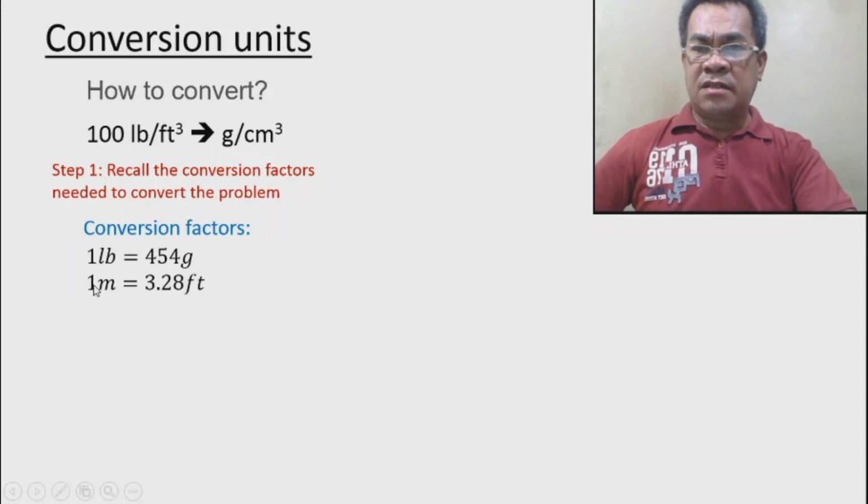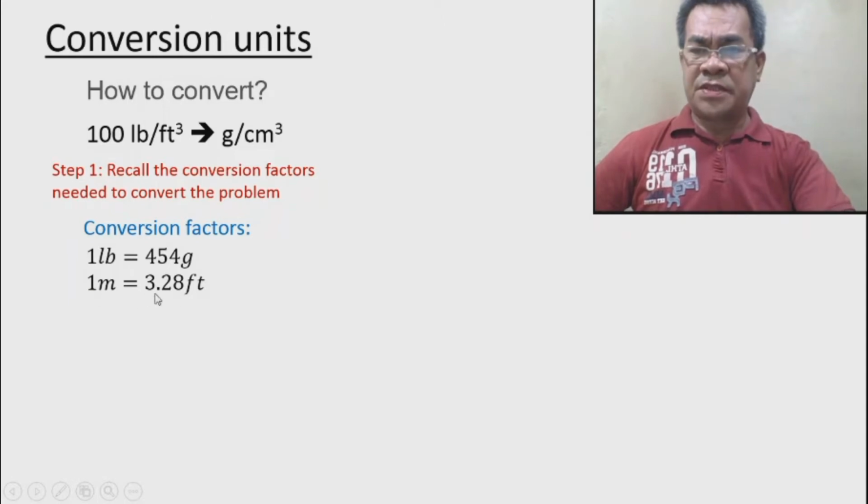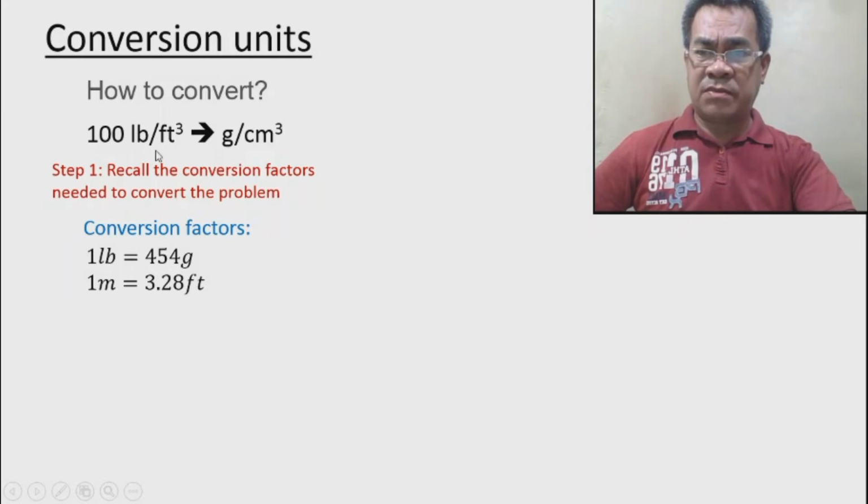And the basic conversion, 1 meter is 3.28 feet. In this conversion, you cannot convert feet directly to centimeter, so we convert feet to meter, then from meter we can convert to centimeter.